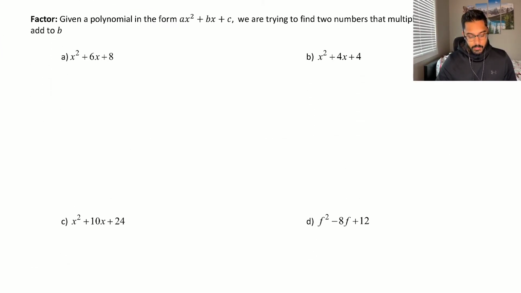Now, given this polynomial, in this format, we are trying to find two numbers that multiply to a times c, but also add to b. So really what we want here are two numbers that multiply to our constant. The reason why it says a times c is because a is 1, and c is the constant. So really what we're trying to do is figure out a way to split up these x's so I have the right amount in some groups.